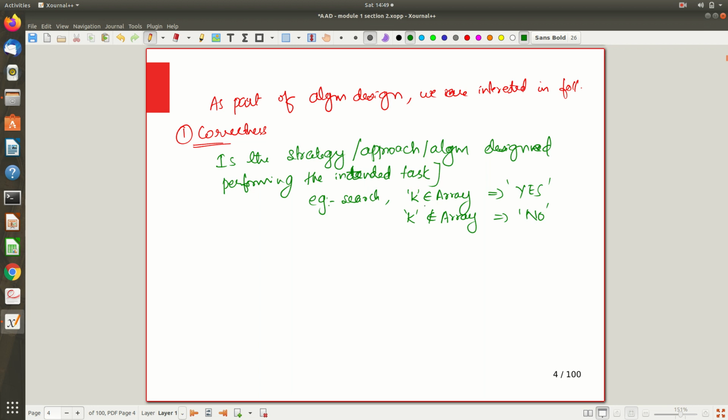Now how can you ensure this correctness? There are formal ways of doing it. Simply by looking at the algorithm, we may be somehow convinced it is correct, but mathematically you can use certain tools that you studied in your discrete mathematics course, like some proof techniques, right? Those things, or their advanced forms, we will be using to show that a given algorithm is correct.